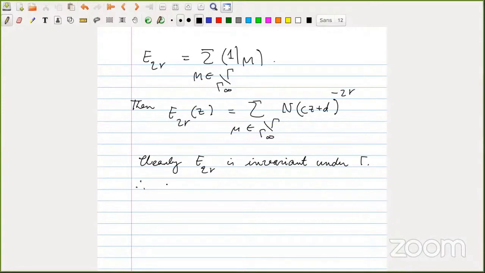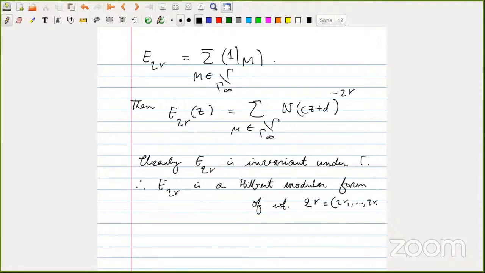So therefore, E_2r is a Hilbert modular form of weight (2r_1, ..., 2r_m).